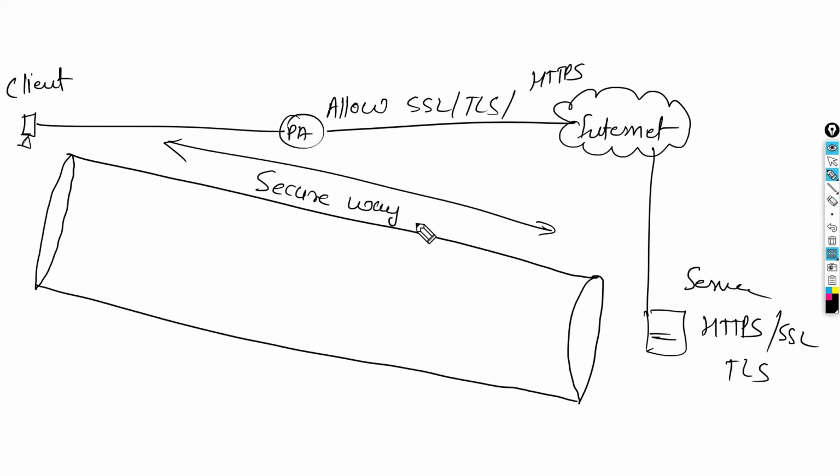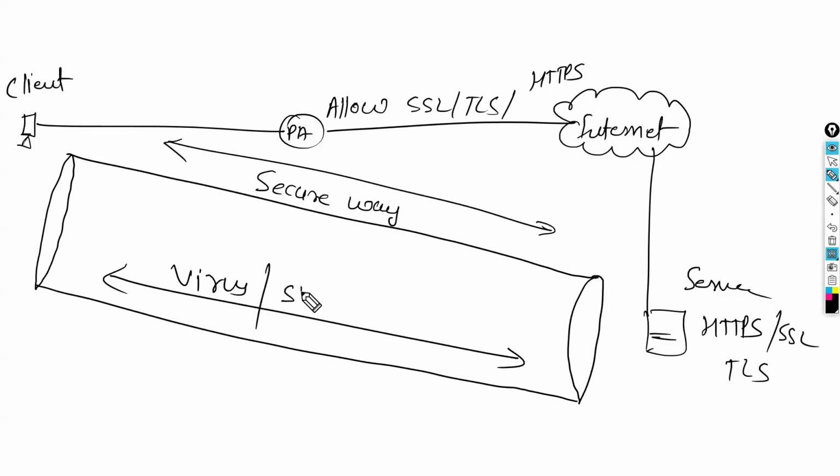Now, this protocol was designed so that client and server can communicate with each other in a secure way, but it is also possible that this tunnel can be used to exchange or download virus, can be used to exchange or download spyware, and can be used for data loss. Okay, now what do we want?